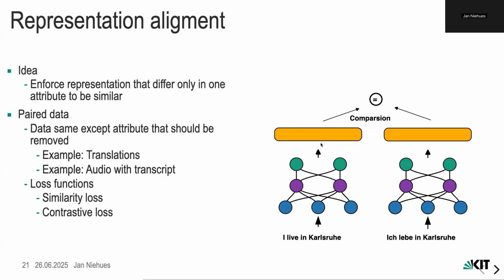For example, that can be translations. You have an English sentence and a German sentence, like here, I live in Karlsruhe and ich lebe in Karlsruhe. You put them in, and they mean the same thing. So what we now want is that these representations are the same. We can tell the model as an additional signal, oh, we also want these two to be encoded the same way.